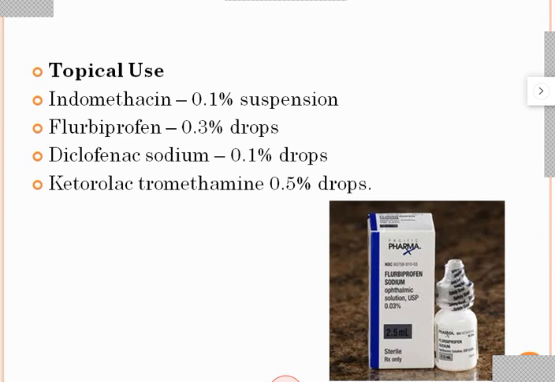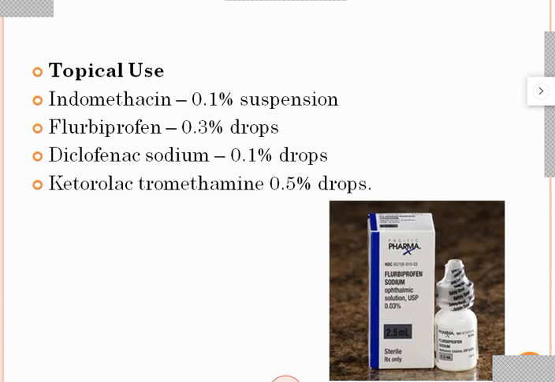And coming to topical use, we give these non-steroidal anti-inflammatory drugs topically. Indomethacin is available in the form of 0.1% suspension, and flurbiprofen is available as 0.3% drops.